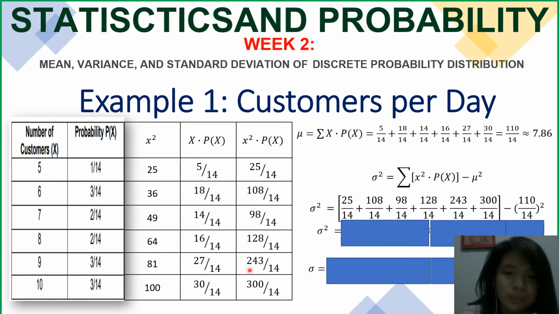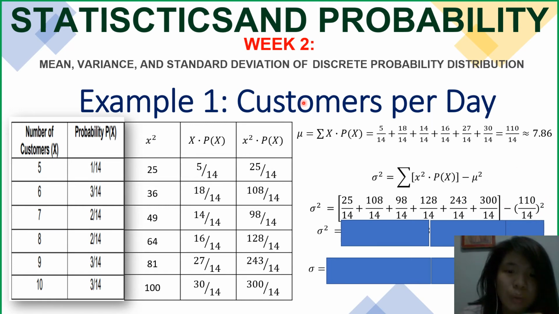This is our x squared multiplied by p of x. We just get the sum, then enclose with open and close bracket or parenthesis. So, that is 25 over 14 plus 108 over 14 plus 98 over 14 plus 128 over 14 plus 243 over 14 plus 300 over 14 minus 110 over 14 squared.